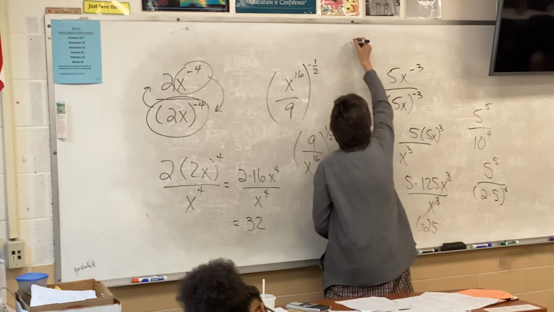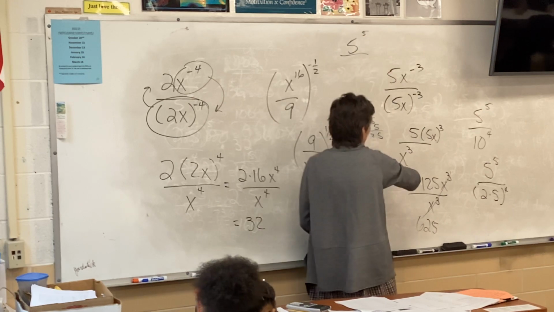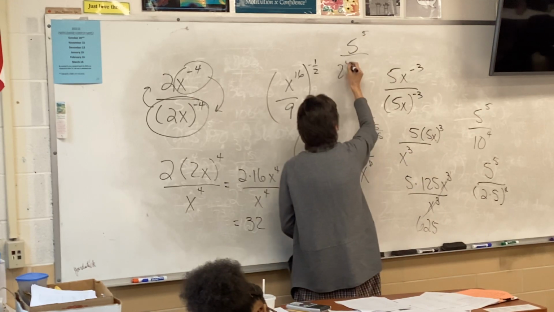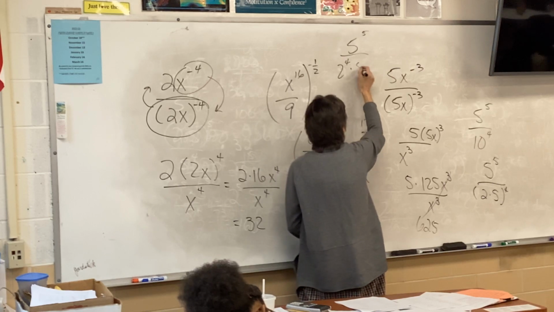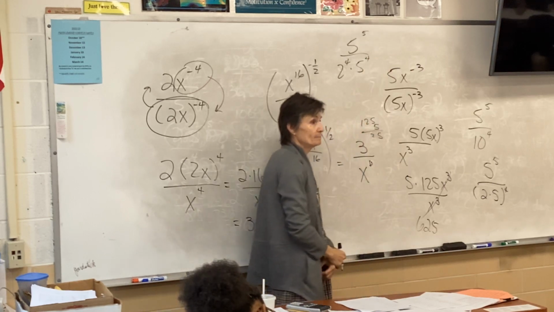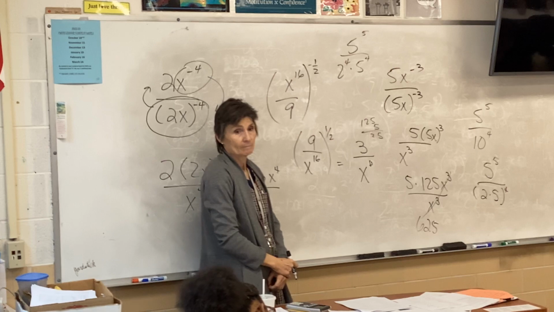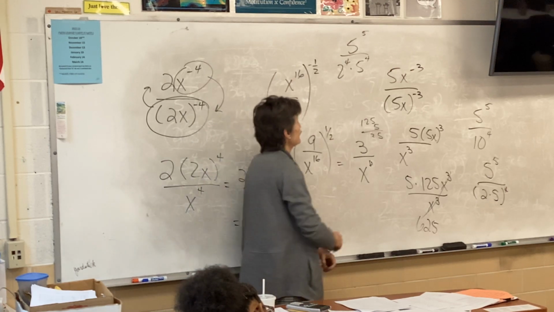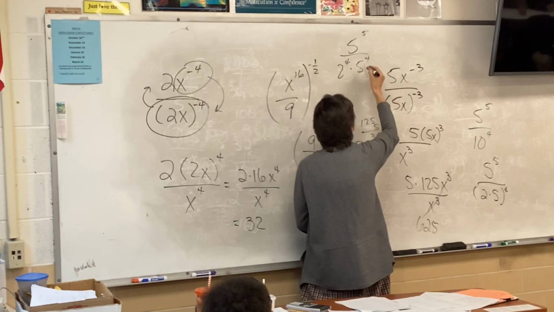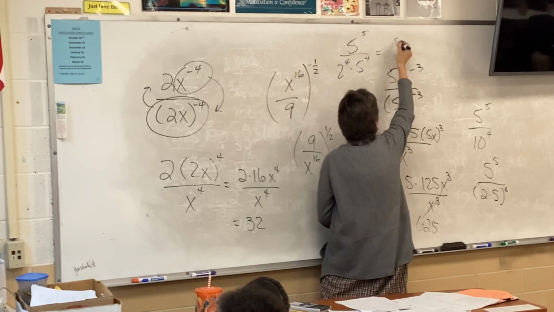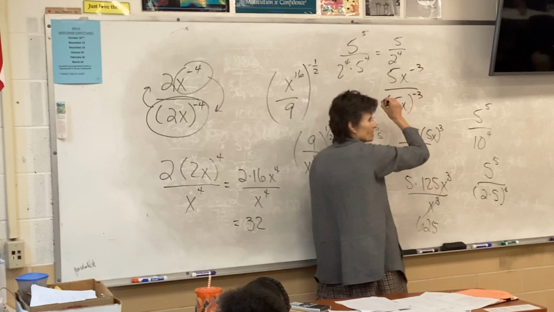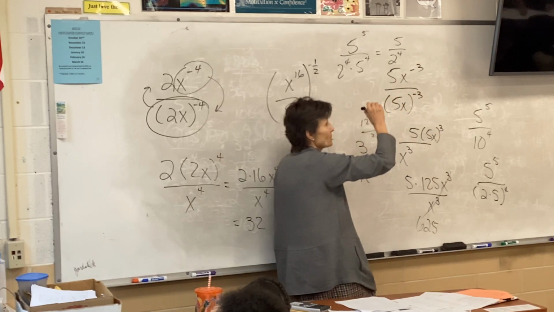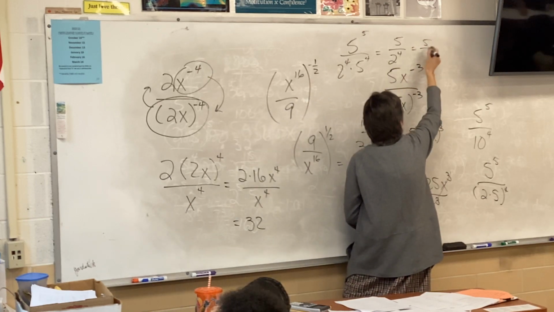So that's going to be 5 to the 5th on the top, and then 2 to the 4th and 5 to the 4th on the bottom. The 5 parts I can simplify. So there's 4 here, 5 there. So 5 over 2 to the 4th, which is 5 over 16.